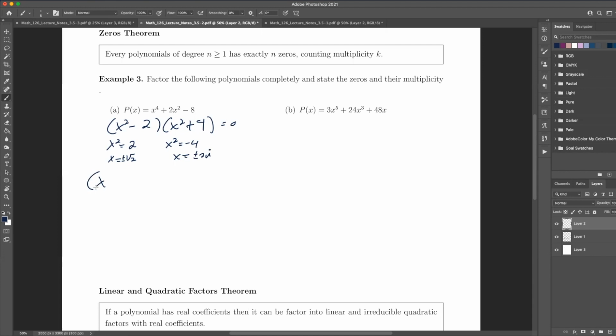And so all the factors here would be x plus square root of 2, x minus square root of 2, x plus 2i, x minus 2i. And so this is factored completely. And then we're going to type in our zeros. So our zeros here are plus or minus 2i, and then plus or minus square root of 2. And these all have multiplicity of 1.